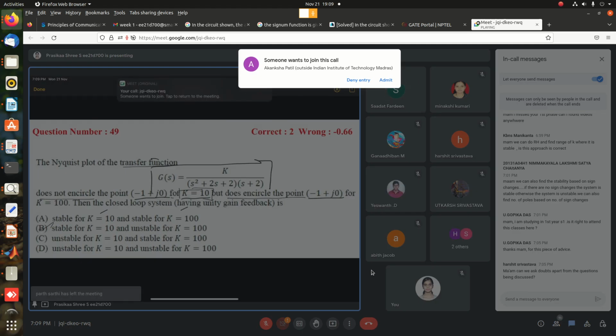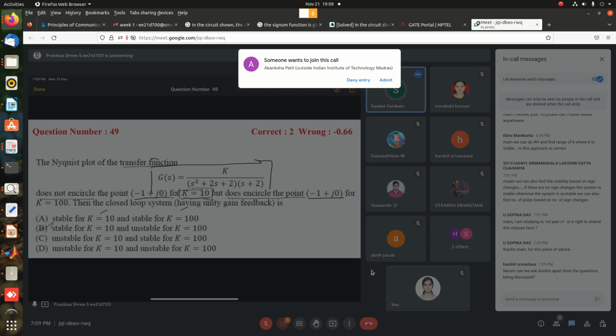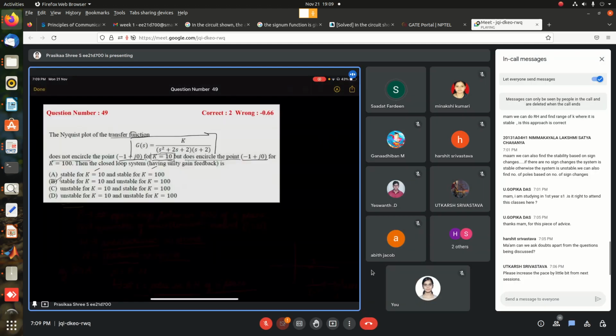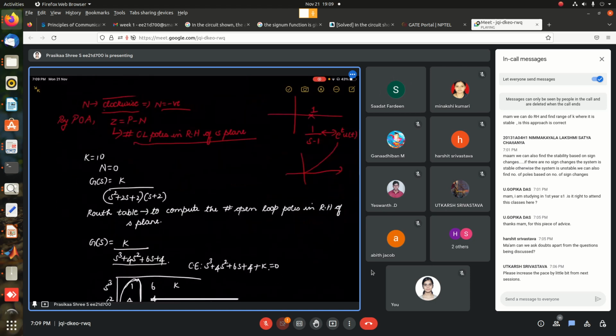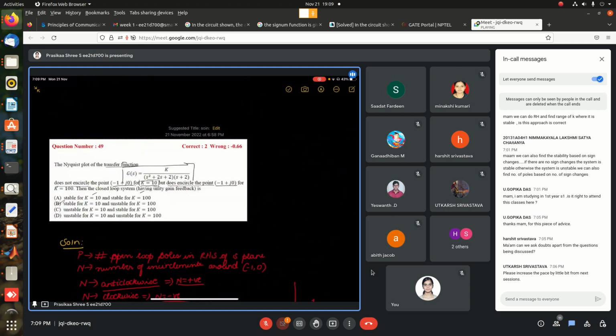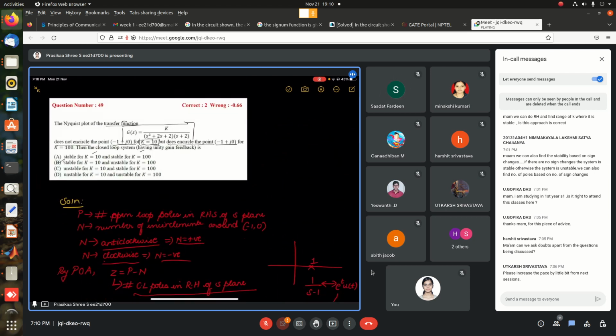There should not be a K in the Routh table, right? What they have given is the Nyquist plot of the transfer function G(s) equals K by s square plus 2s plus 2.